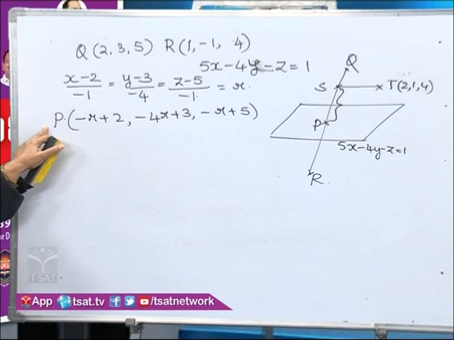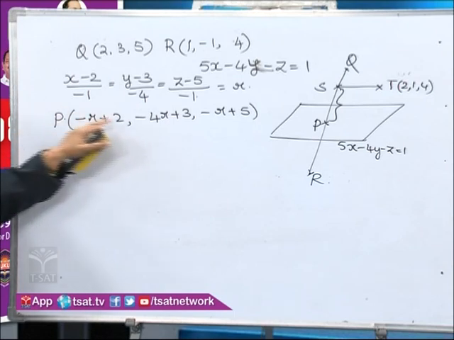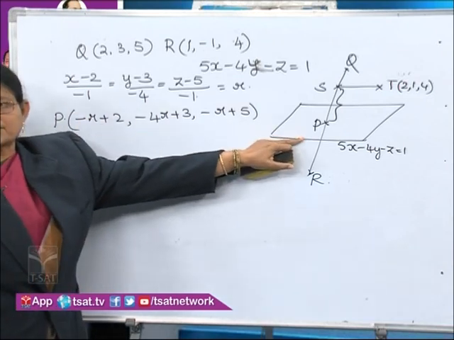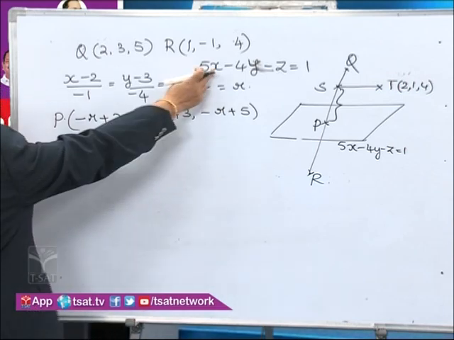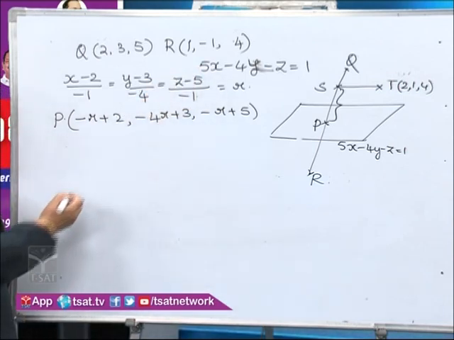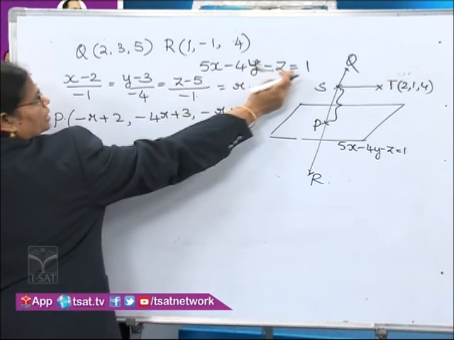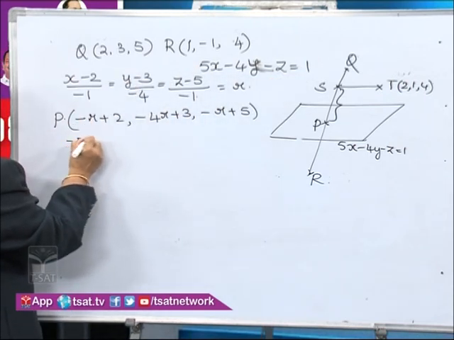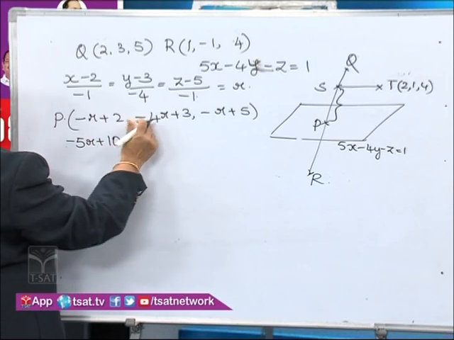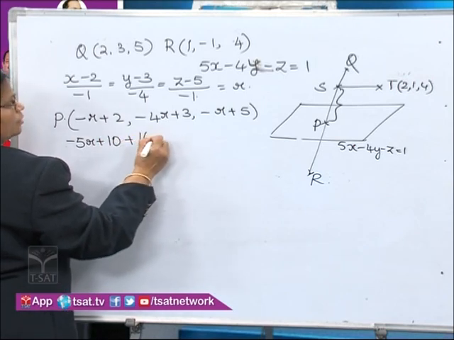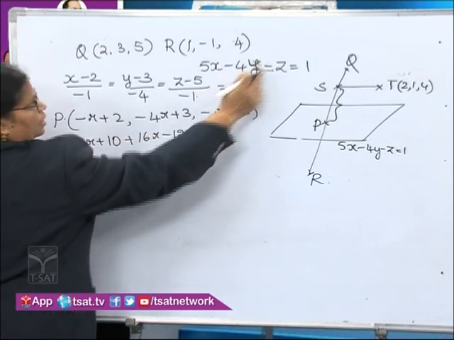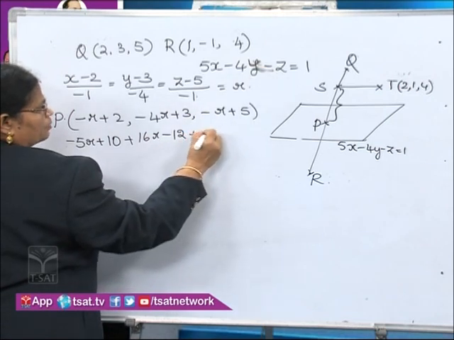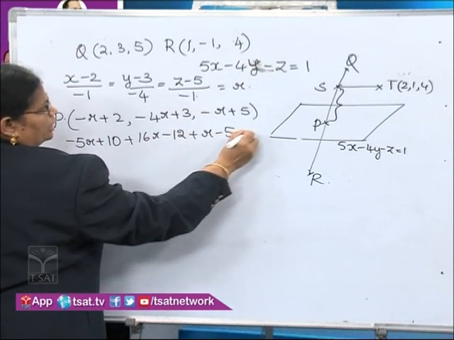Now the next step is, this P lies on the plane. It is the point of intersection of the line with the plane. So substitute in the plane equation 5x minus 4y minus z equal to 1. 5 into this, minus 5r plus 10, plus 16r minus 12, plus r minus 5 equal to 1.